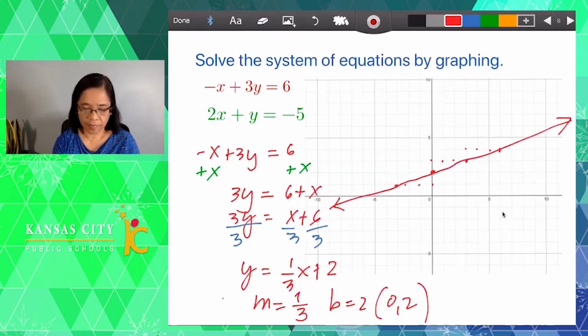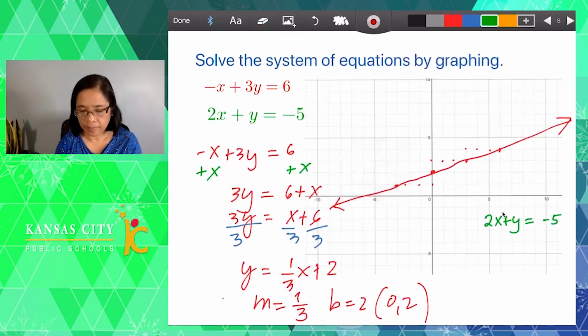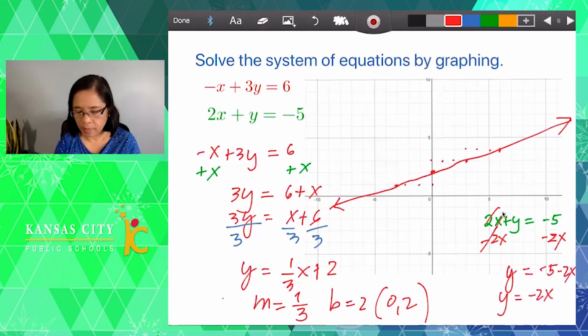Then let's graph the green line. Let us rewrite the linear equation into the form y equals mx plus b. We have 2x plus y equals -5. Let's solve for y by subtracting 2x from both sides, so this will cancel out. This gives us y equals negative 5 minus 2x, or y equals negative 2x minus 5.